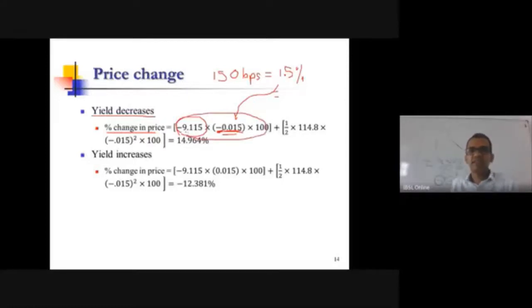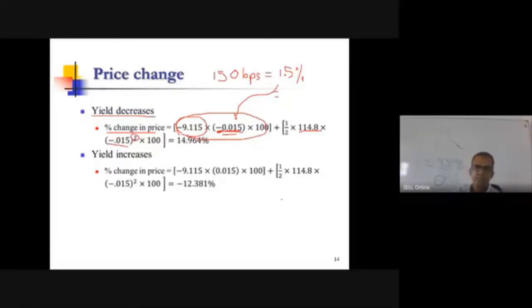Now you can see when you do this calculation, you get a plus figure. Since yield decreases, price increases. What is the percentage change in price increase? Then plus the convexity effect, half times the convexity figure as it is, times the change in yield to the power 2.